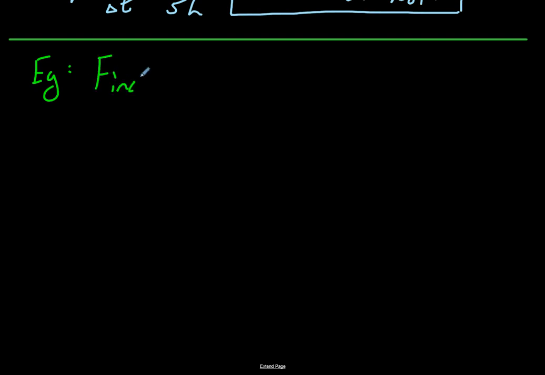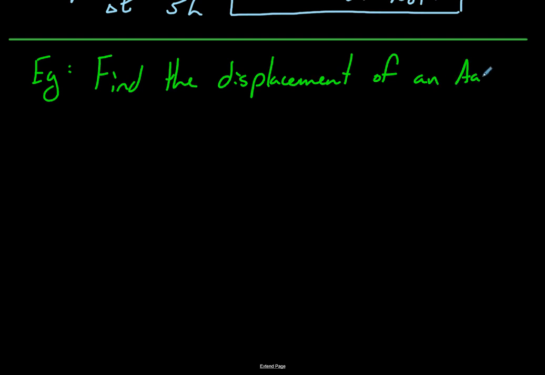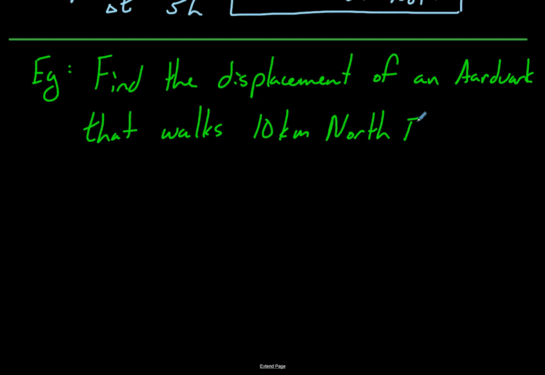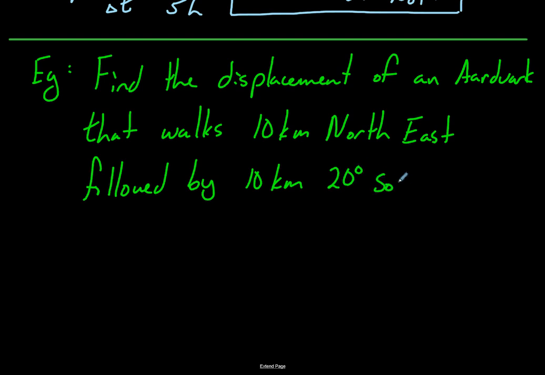So find the displacement of an aardvark that walks 10 kilometers northeast, followed by 10 kilometers 20 degrees south of east.